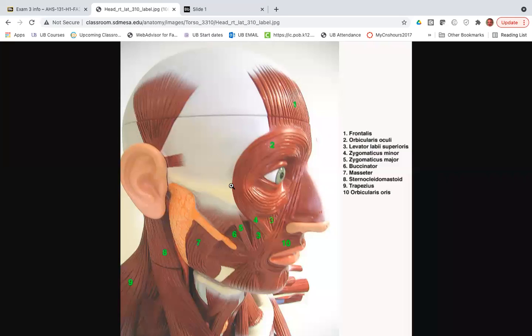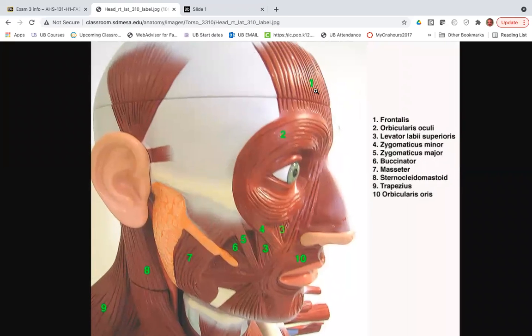Okay, from the side view, up here, number 1 is the frontalis. Number 2, orbicularis oculi. This would be the nasalis here. Number 3 would be the levator labii superioris. Then we have number 4 and number 5. 4 is the zygomaticus minor.